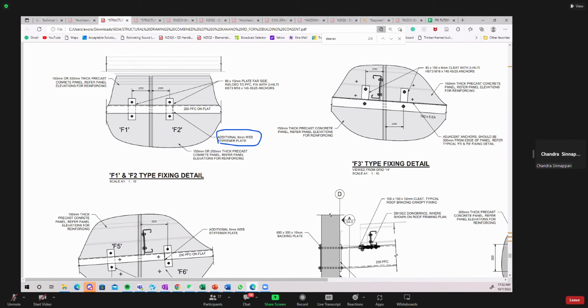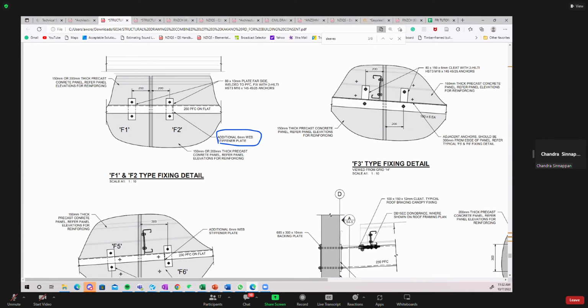Cleat is happening on both sides, but on one side you have the cleat welded, and on the other side you have this plate. So only one stiffener plate. Each F2 detail would have one stiffener plate added.